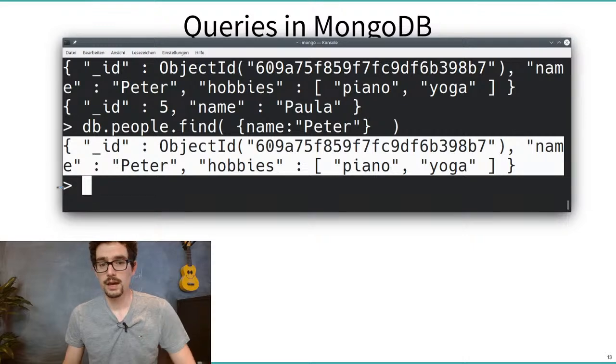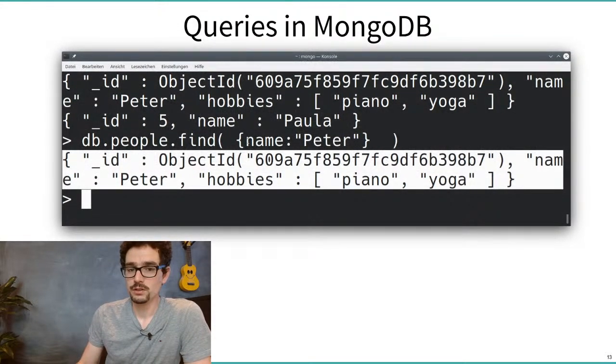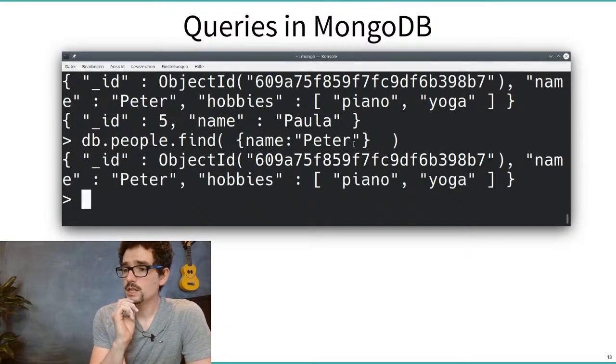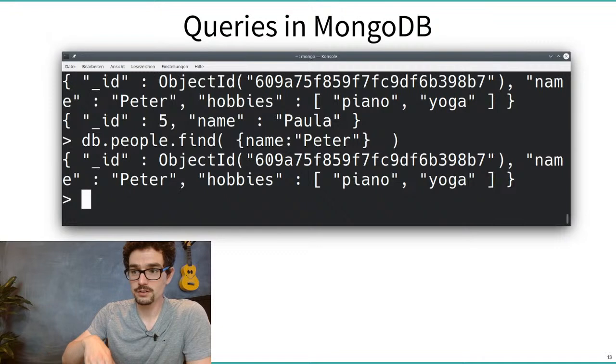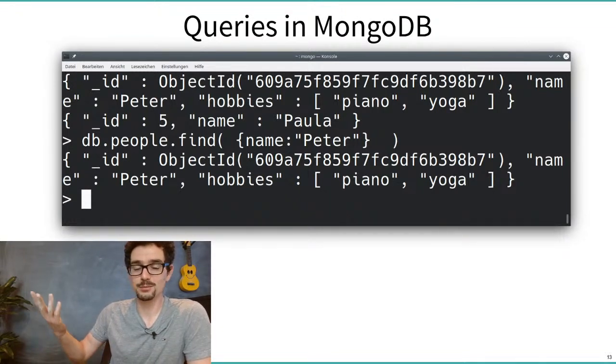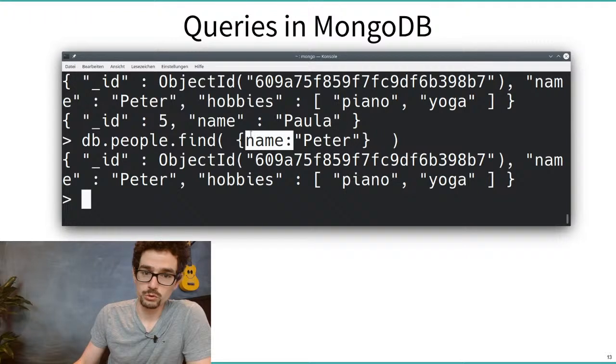And this is now really a query because optimization is going on here. Oh, is there an index that I can use on the name field? MongoDB supports indexes. You can create indexes on fields like you can create indexes on columns in a relational database. And then MongoDB decides whether to use the index or not to use it.